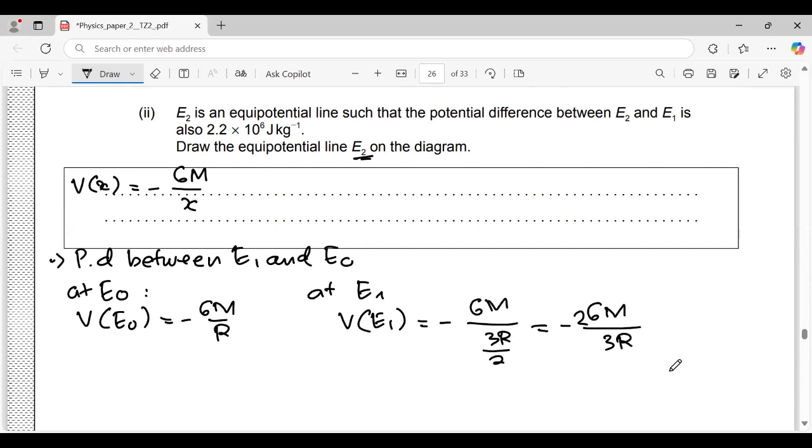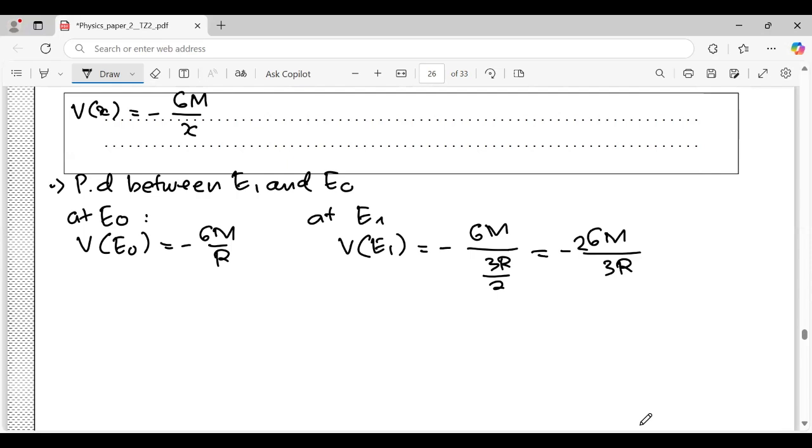So the potential difference between E1 and E0 we can determine through delta phi. Delta phi is phi E1 minus phi E0.